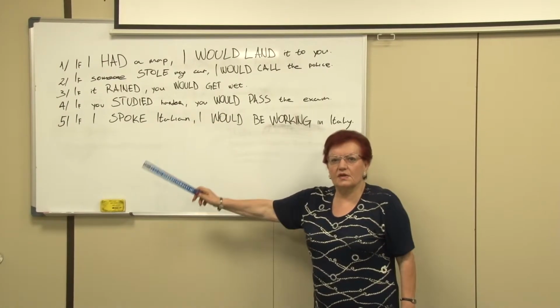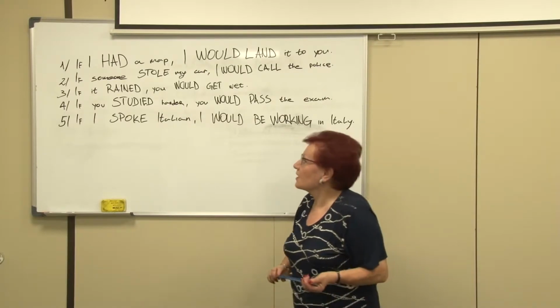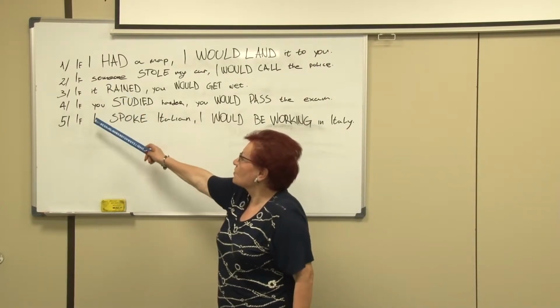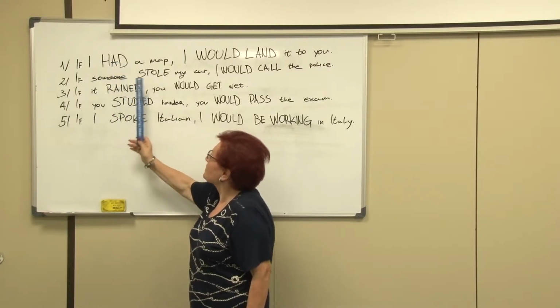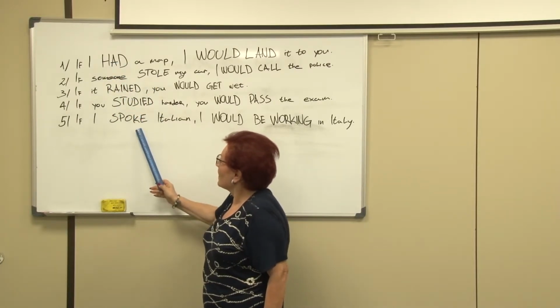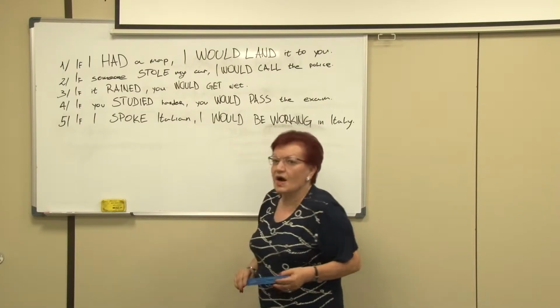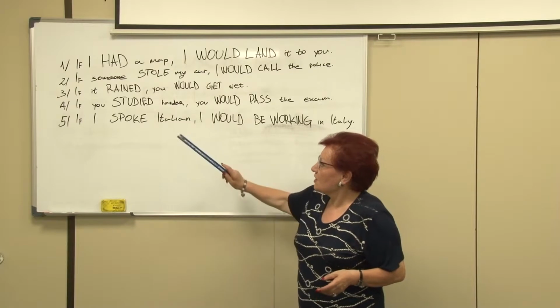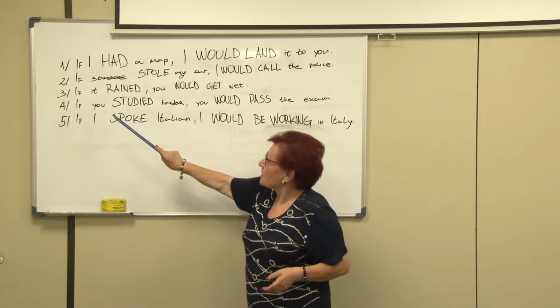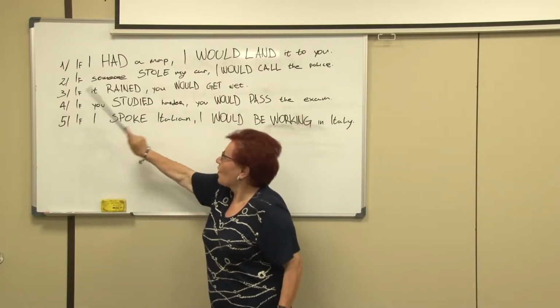So when we analyze the sentences, we can see in the if clause that we have the past tense of some verbs. Some of them are regular, and if they are regular, they usually finish with ed, like in sentences 3 and 4.